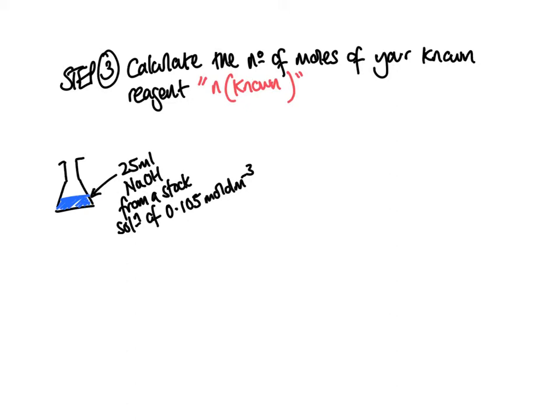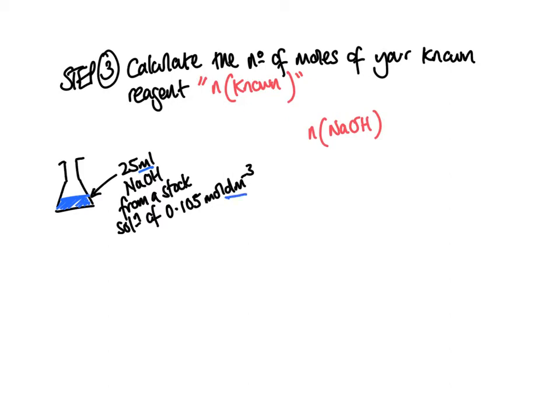Step 3 involves calculating the number of moles of your known reagent, which we're just going to call n(known). If you remember from the beginning, we had a conical flask of which we've used a pipette to put in 25 ml of sodium hydroxide. It's from a stock solution which had a concentration given of 0.105 moles per decimeter cubed. To work out the number of moles of sodium hydroxide, first of all we need to convert milliliters or centimeter cubed to decimeters cubed.